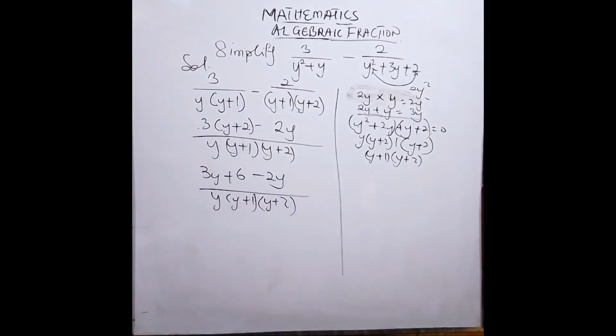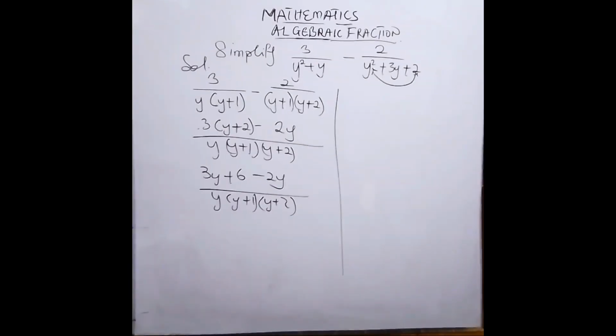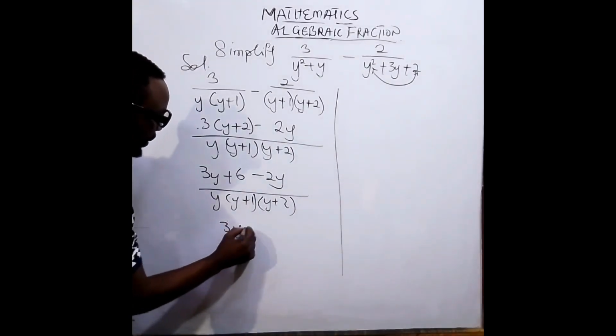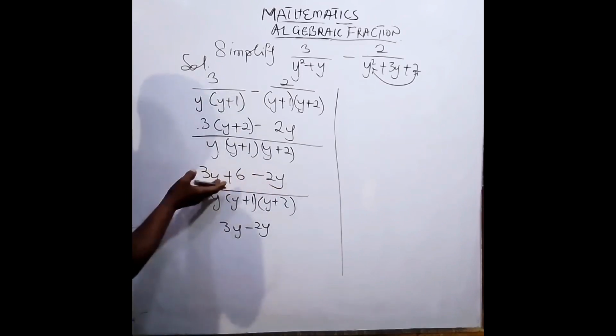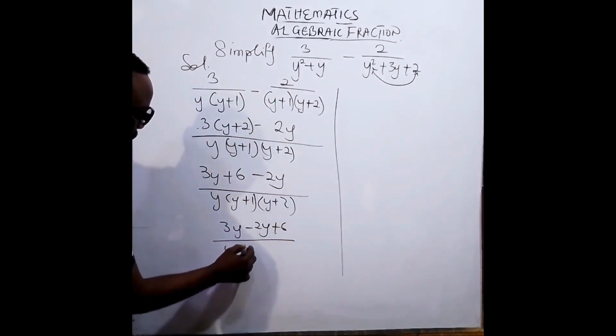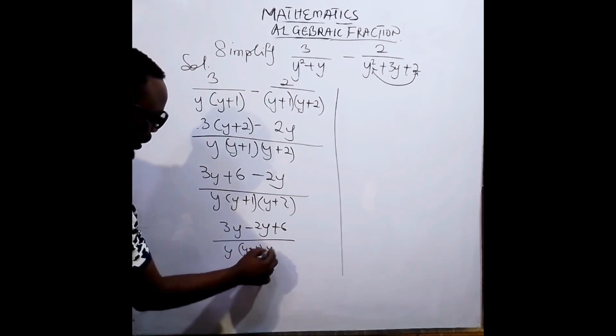Then from that, we look at the value and we collect the like terms. Solving the numerator, we are going to have 3y minus 2y, we have collected the like terms now, plus 6 over y plus 1, y plus 2.